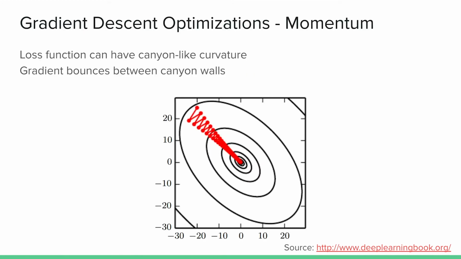When we do gradient descent optimization, there is one really important concept called momentum. If you visualize your loss surface as a canyon, and you're standing on one side of this canyon, then you have a very steep descent in one direction, downhill, and then back up on the other side.